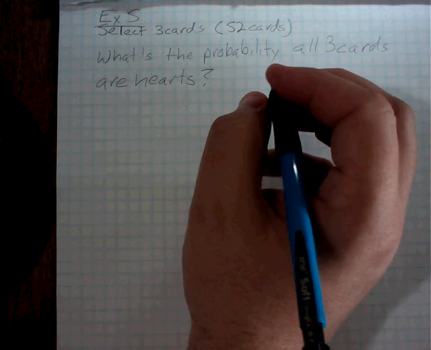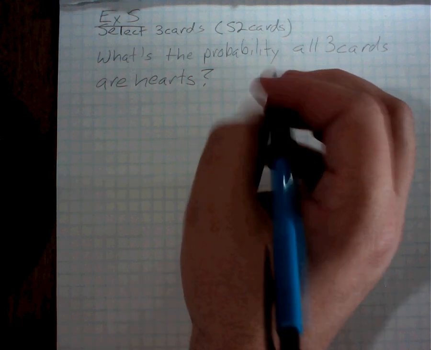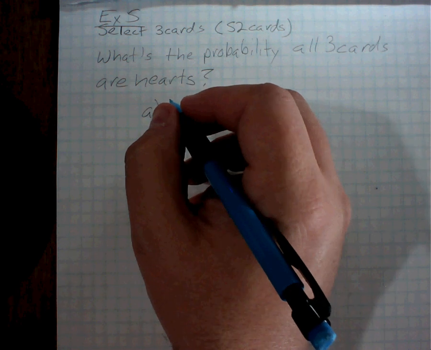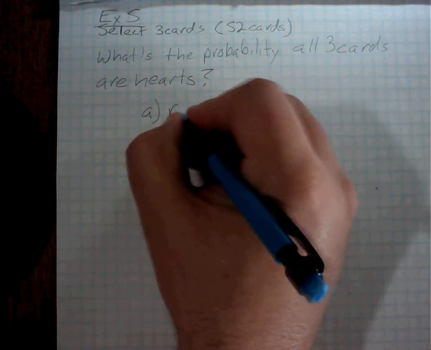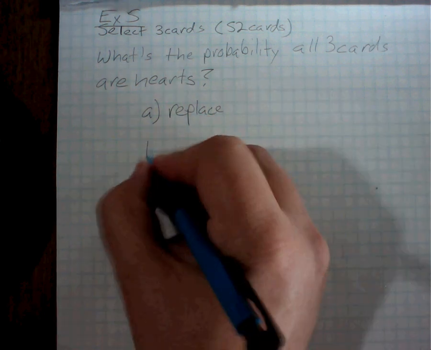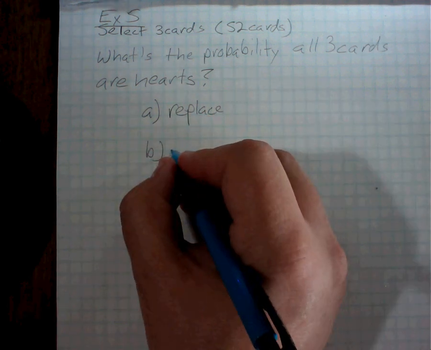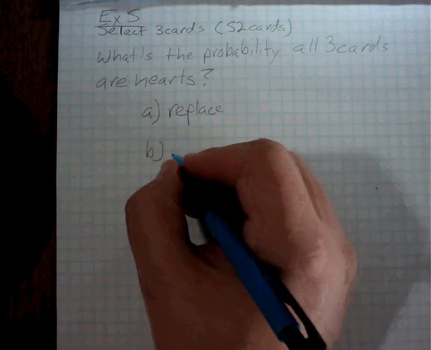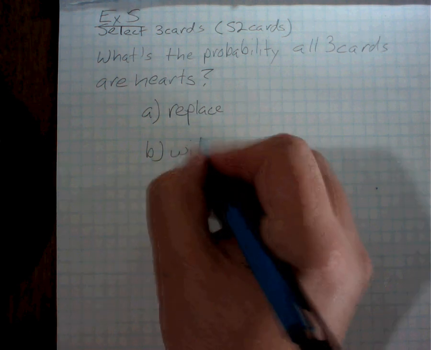And then they want us to do a part A. Part A would be when you replace each card, you put it back in the deck, and part B would be without replacement.